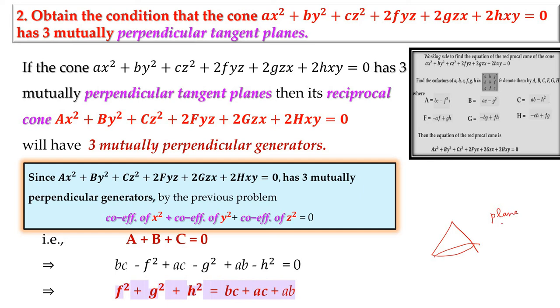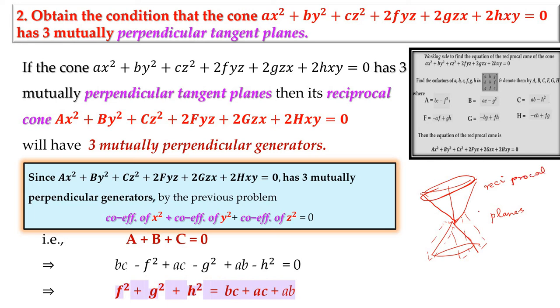So we may have one plane like this, then one more like this, and another plane, all of them at right angles to each other. Then when we consider the normals, they will generate a cone, that is the definition of the reciprocal cone.